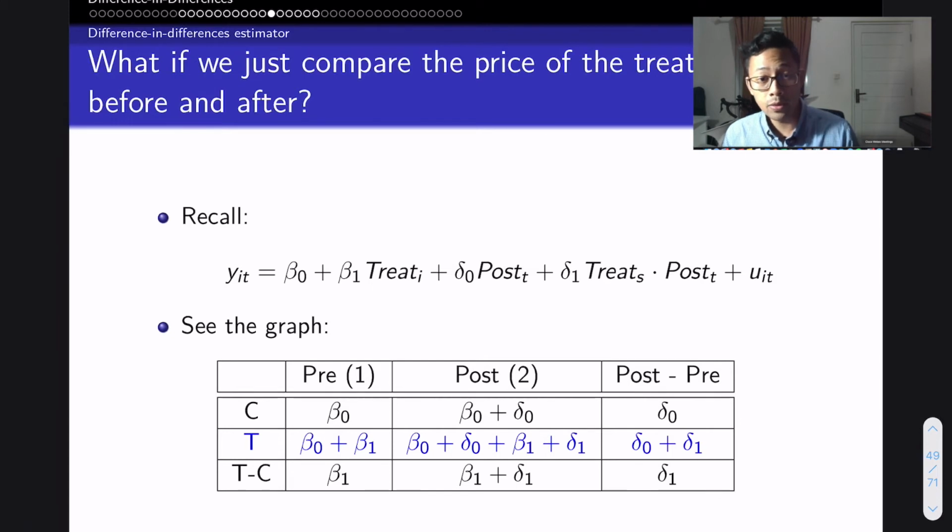Okay, so let's discuss why that could be biased. As you can see here, if you just do the pre and post, there is going to be this delta 0. Again, the estimate of the impact given this DID model is delta 1. So the bias is going to be delta 0. And what is delta 0? Well, going back to the model, delta 0 tells you the average changes in outcomes across time.